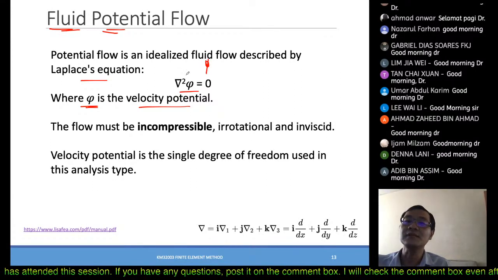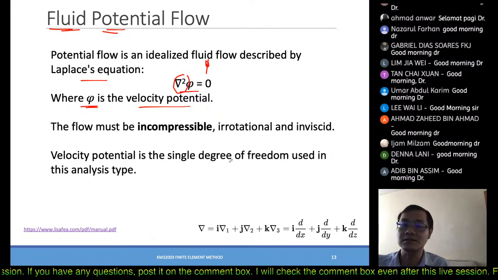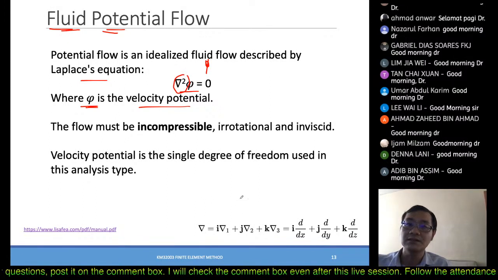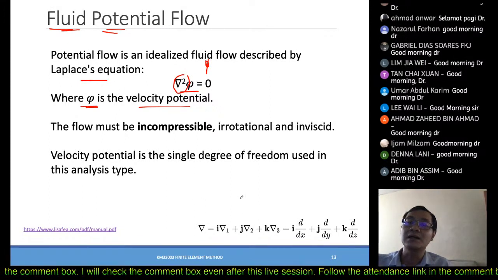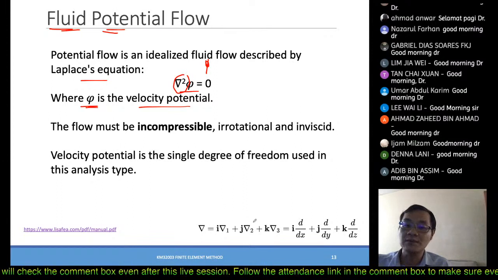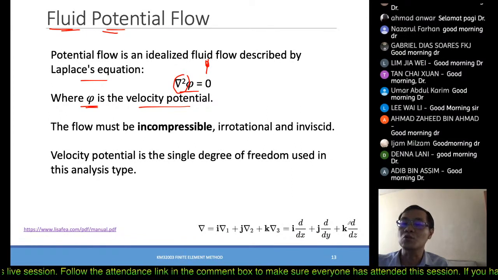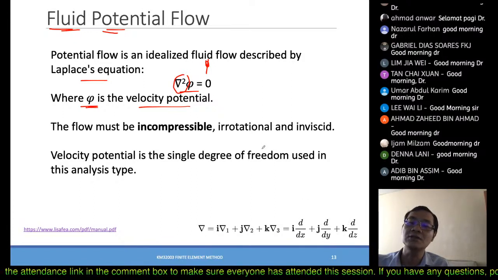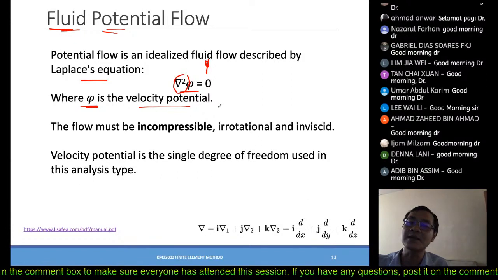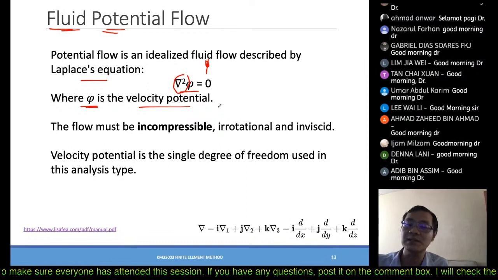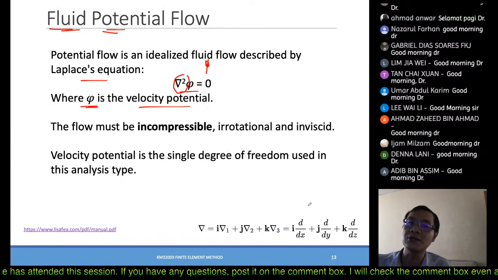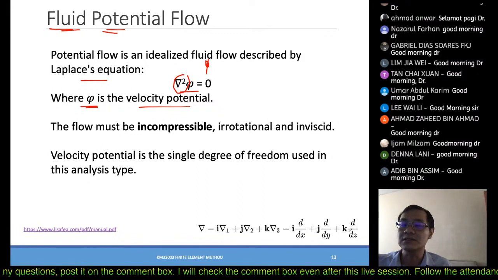And what is this? This is just the nabla. The nabla squared represents the derivative in x, y, and z directions. Meaning to say this is exactly the same equation that we have derived previously, but now we are considering three dimensions, so that's why we include the nabla.